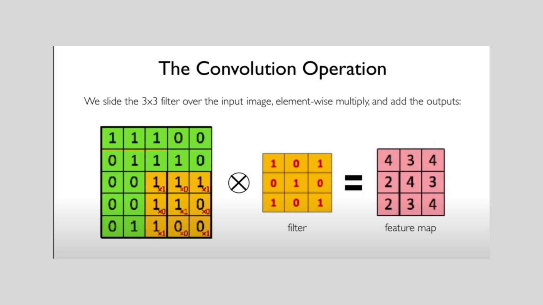If you multiply those numbers together and then add them all up, you'll get a 4. And you can see that there's a 4 in the bottom right corner of the box on the right-hand side. That number 4 represents the sum of the dot products. Don't worry about the word dot products. It's a vector and you don't have to worry about the specifics of it for now.